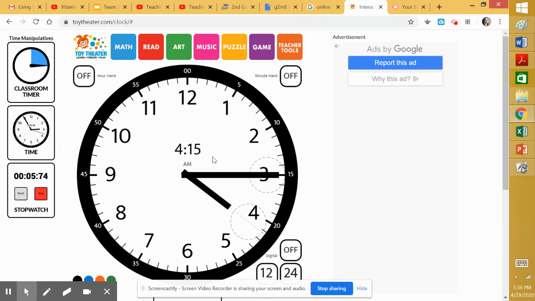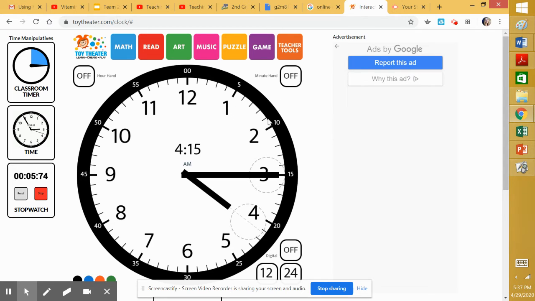Here the time is now 4:15. This is how we write time. 4, these two dots are called a colon, 4:15, because it is 15 minutes after 4 o'clock. Here's our 3. We know that each number stands for 5 minutes.